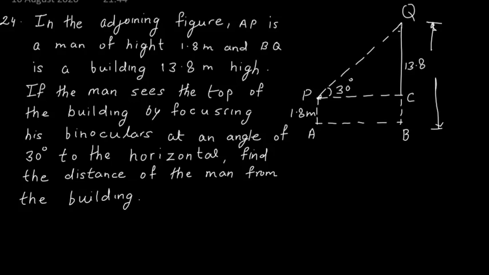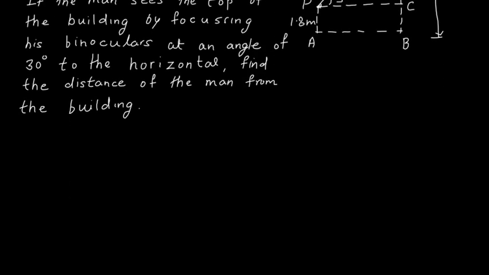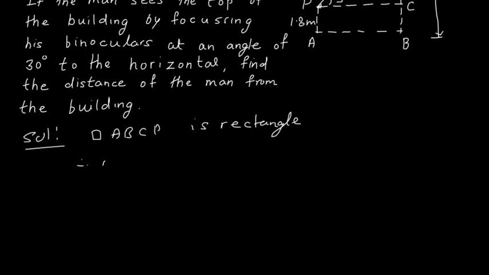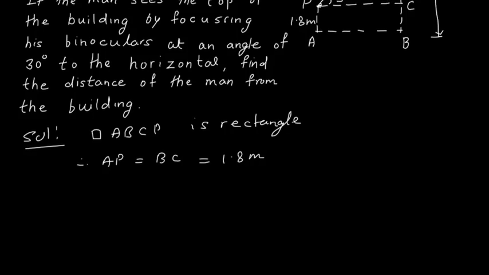In the solution, ABCP is a rectangle. Therefore AP is equal to BC, which is 1.8 meters.